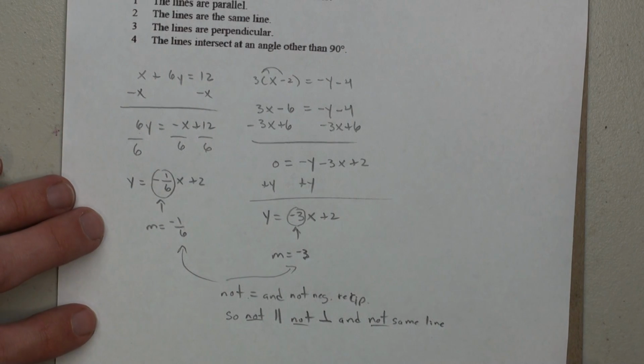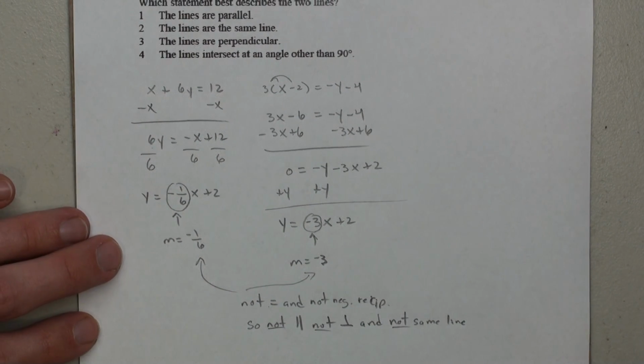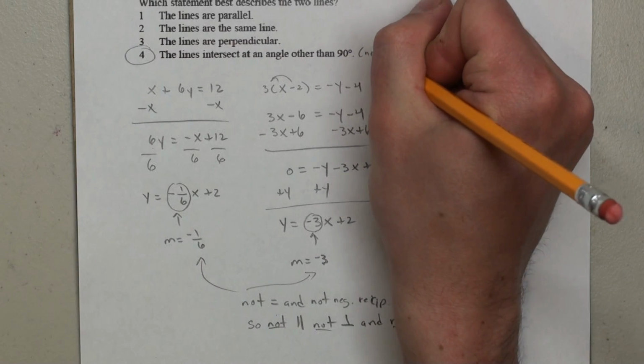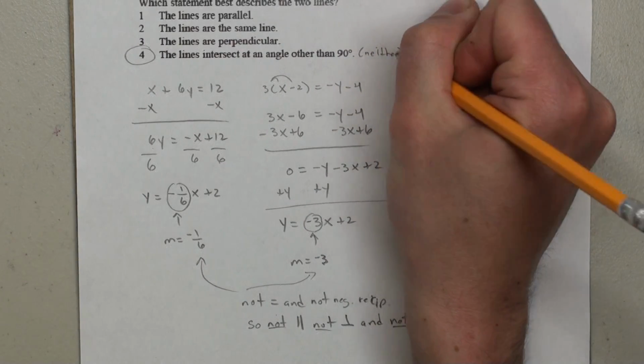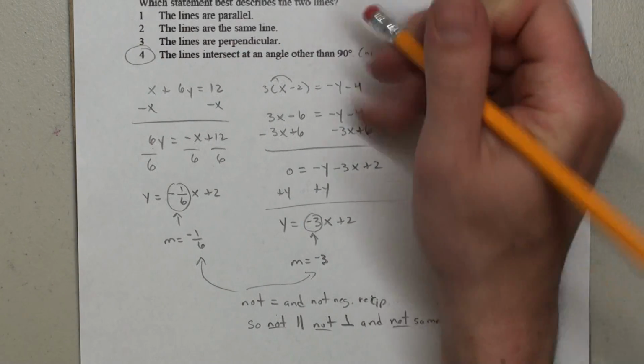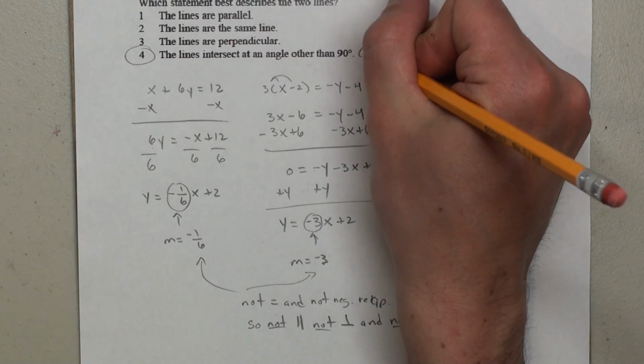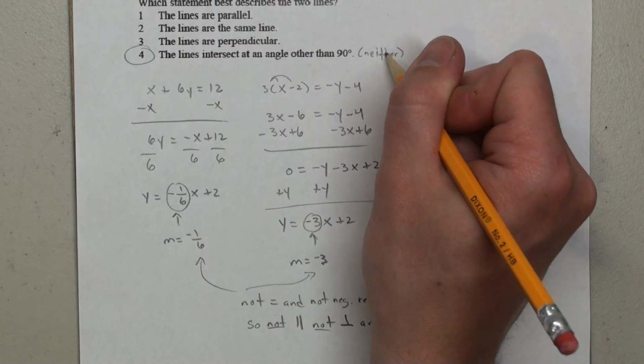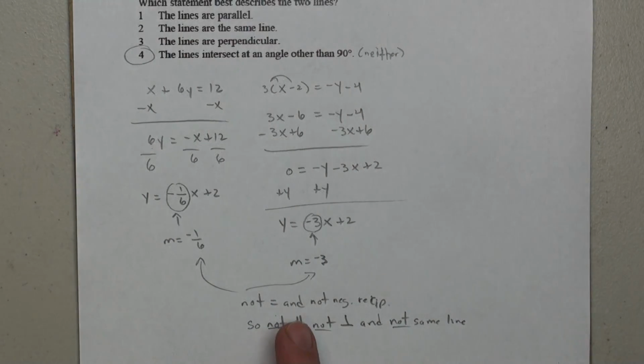Alright? So the only other choice is choice 4. Okay, which basically is the neither choice. Okay? Neither.